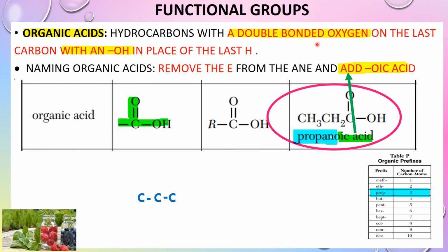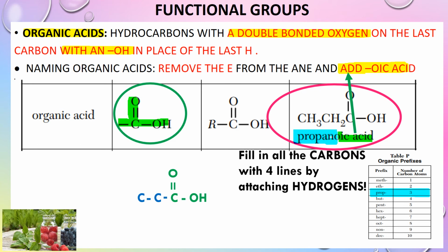It has to be on the last carbon or on the first carbon. It can't be anywhere in the middle. So you could put it on this first piece over here, or you could put it on the ending over here, and you will see that it becomes carbon with a double bonded oxygen and a hydroxyl group. Last step, fill in all of your hydrogens.